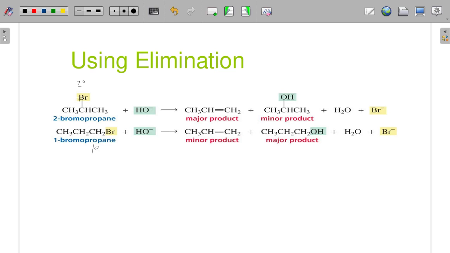Secondary doesn't strongly favor substitution. It actually starts to favor a little bit more of elimination. Now we can control it some with temperature, but a lower temperature, while it does give us more substitution, we're always going to have some elimination products. However, if we had chosen a primary alkyl halide, our strong nucleophile is going to strongly favor substitution.